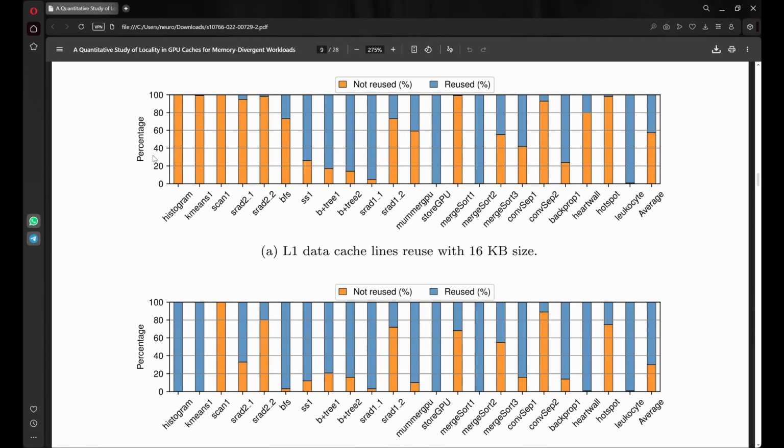What having an infinite cache size allows for is that once a cache line is brought in, it'll never be removed. One of the biggest constraints with a limited cache size is that in order for the other instructions to run, especially on memory divergent workloads, you have to fetch other memory addresses.